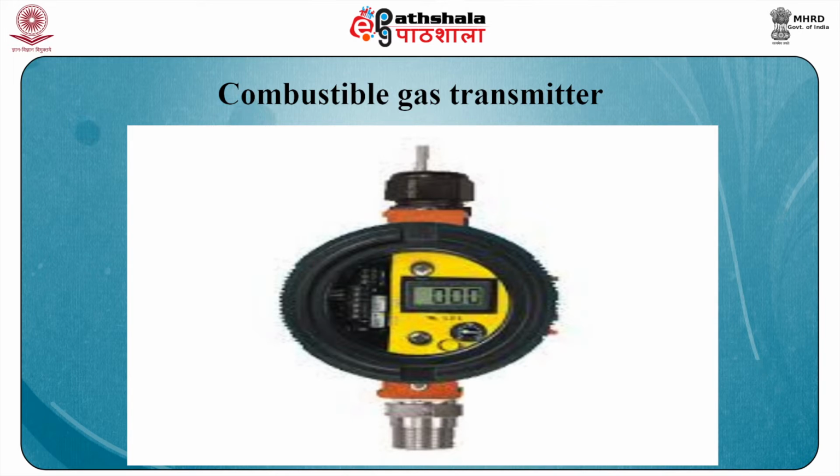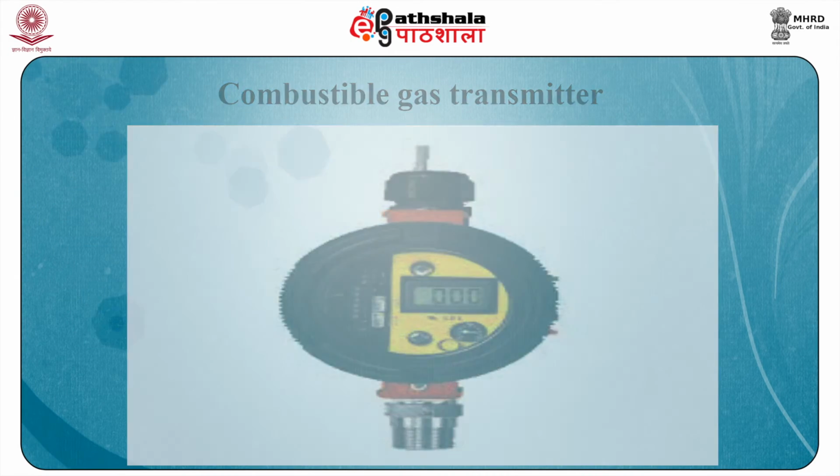The high concentration of gases will cause no saturation to the sensor. Also, there is no requirement of oxygen for operation. Even if the sensor is continuously exposed to gas, there will be no reduction in sensor life, as its response time is faster and it has fewer effects from temperature and humidity.